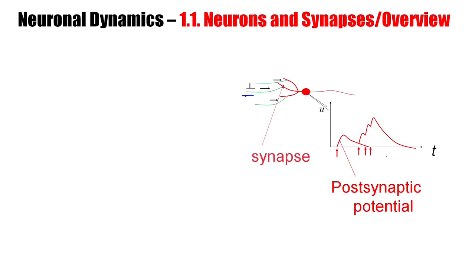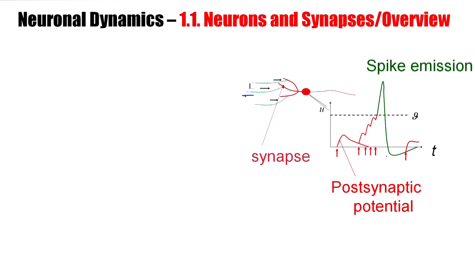But this does not yet tell us what makes this cell here decide whether it will send out a signal itself or not. Now, the formation of a pulse is triggered in this model if this membrane potential, if this postsynaptic potential reaches a value theta, a threshold value.